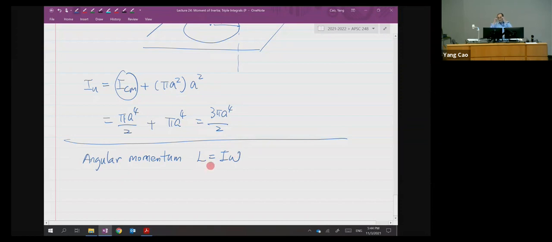A linear momentum is mass times velocity, and this is the angular momentum, the moment of inertia times omega. You also have the so-called conservation of angular momentum, very much like conservation of linear momentum. If there's no external force and no friction considered, then the angular momentum should be conserved, same as linear momentum.